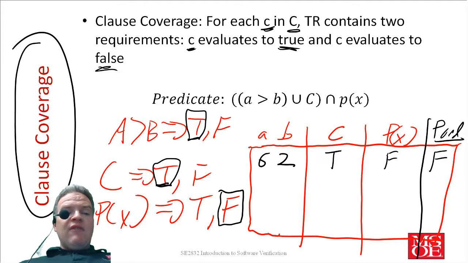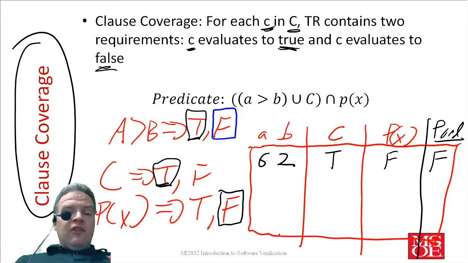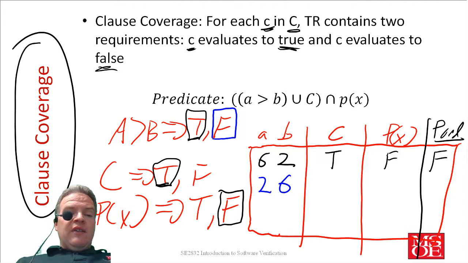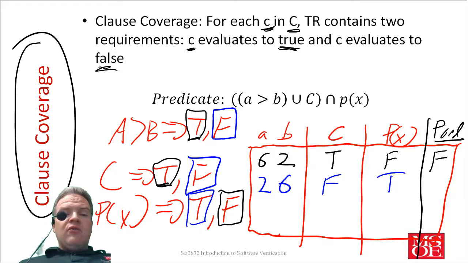I'm going to then have another clause coverage set where I'm going to set A greater than B to be false, so 2 and 6. That results in false. I want C to be false. And, of course, P of X is going to be true.